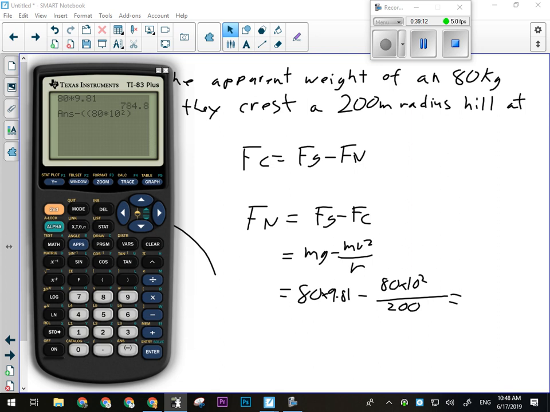Okay, divided by 200. Oh, okay, so that worked out pretty well. So their apparent weight's 744.8, so they feel only slightly lighter than normal, because this isn't very fast compared to the radius of the hill.